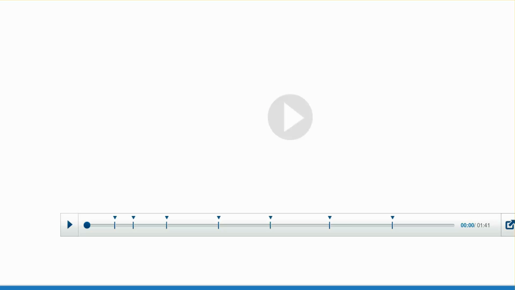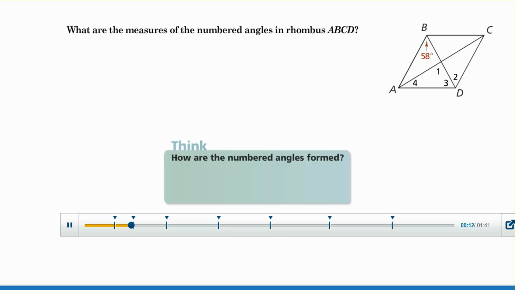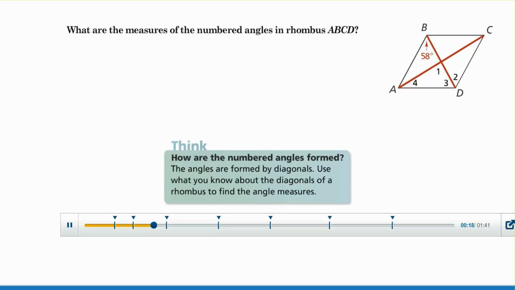Let's look at a problem you might see in your homework that's similar to that. In this problem, you will find angle measures. What are the measures of the numbered angles in rhombus ABCD? How are the numbered angles formed? The angles are formed by diagonals. Use what you know about the diagonals of a rhombus to find the angle measures.